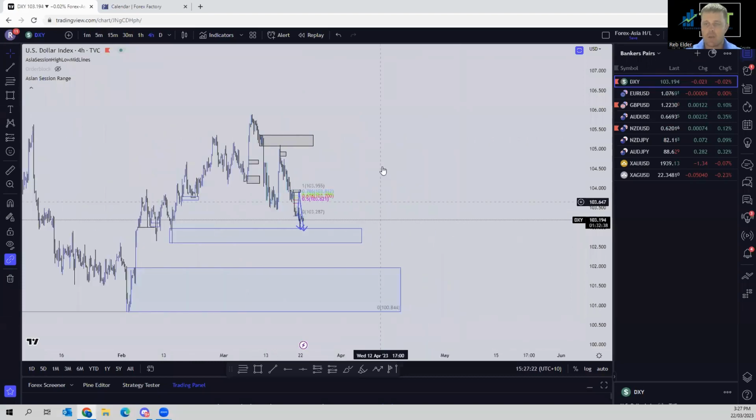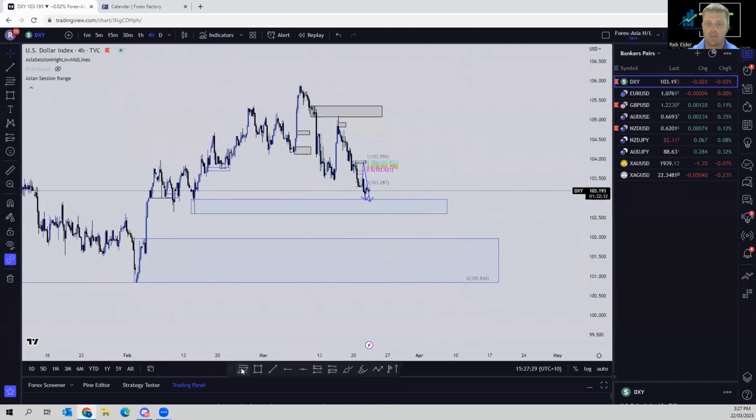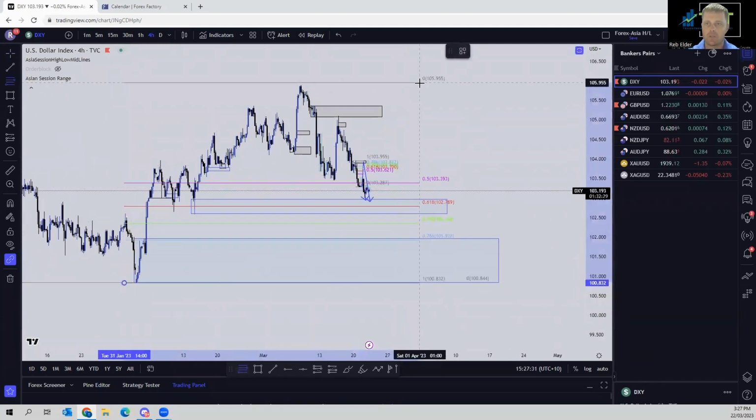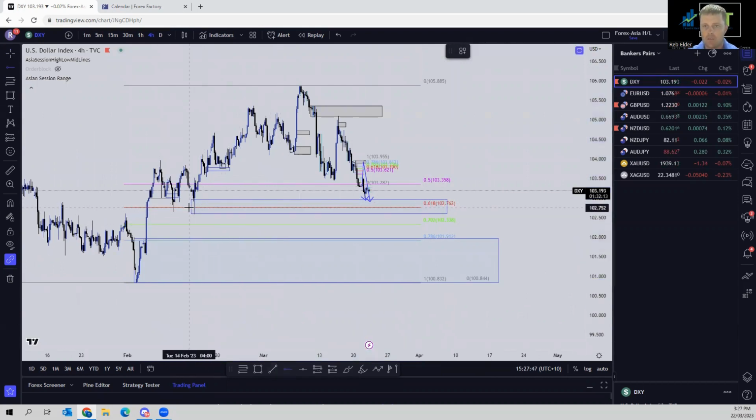So Dixie at the moment, 4-hour chart. We can see here we are definitely bearish, had this bullish impulse, bearish retrace. Now, if we throw a fib on this impulse here, we can see here that we're actually starting to pull back down into the 618 area, right where these two extended wicks are, which is an interesting point in there.